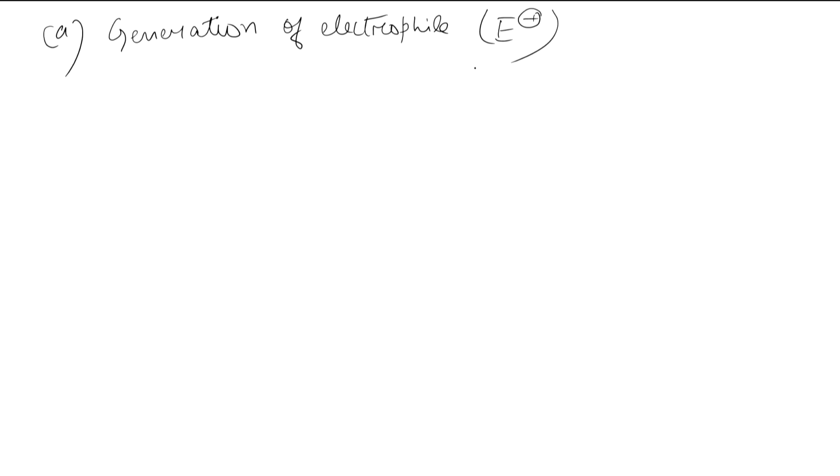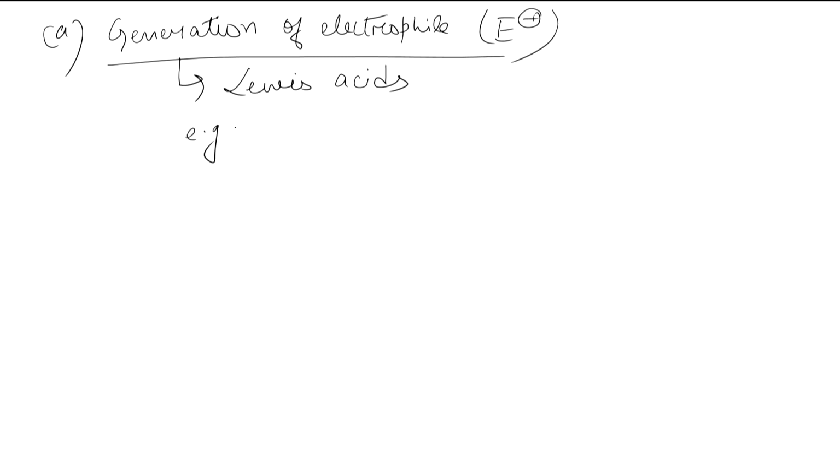Okay. So, electrophiles can be generated by Lewis acids. Lewis acids are the compounds which can accept electrons. So, Lewis acids are used for the generation of electrophiles.